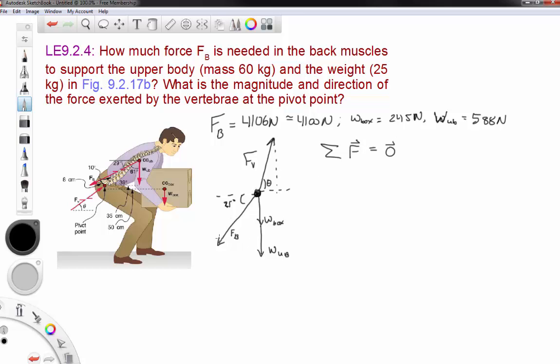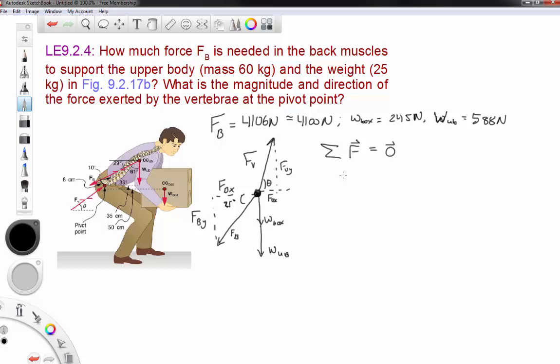I've gone ahead and drawn a free body diagram here, which shows the basic direction of all four forces. And you can see that there's going to be x and y components. So here's F_Vy, here's F_Vx, and then for the box, here's F_By and F_Bx.